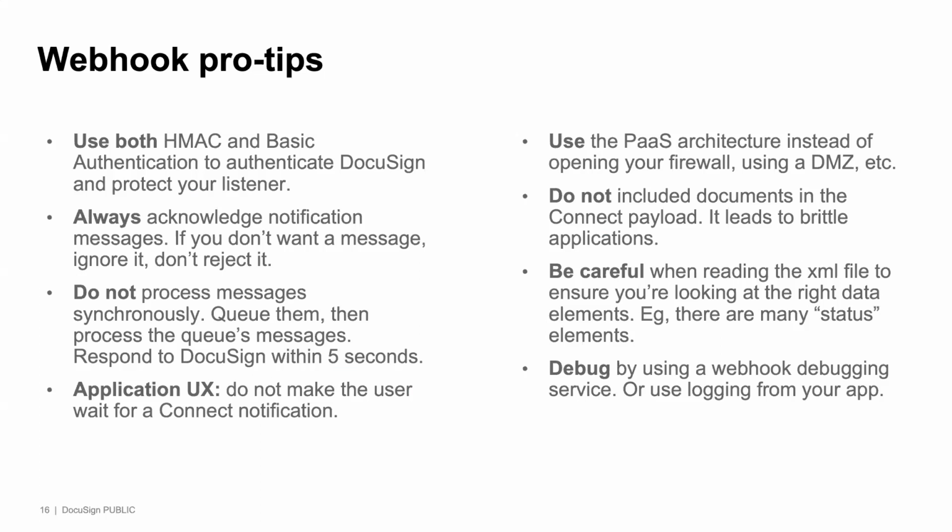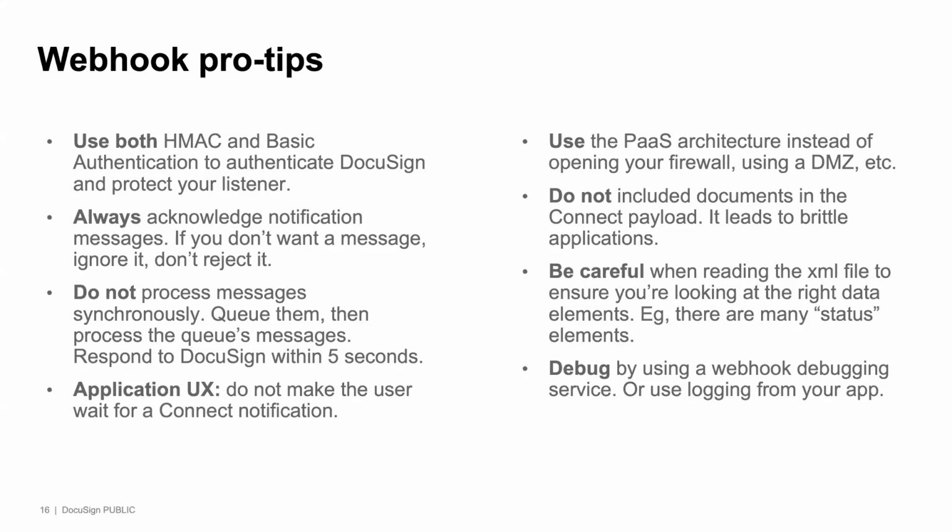Now, sometimes a message will come in for an envelope, maybe for some other application that the envelope was created for, or you believe you've already processed that envelope, or whatever the situation is. If you receive a notification message, don't give Connect a 400 error saying, go away, because we'll just keep trying to send it over again.